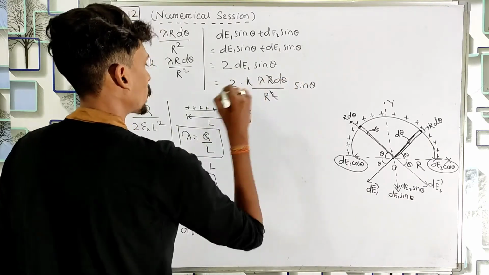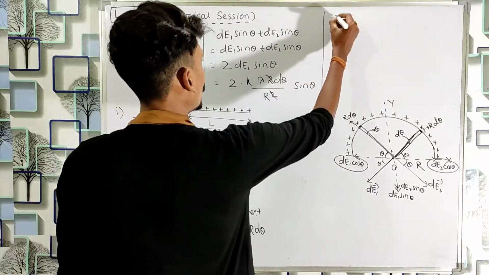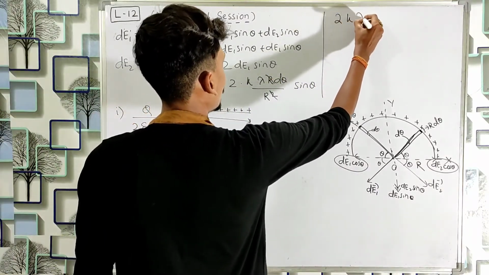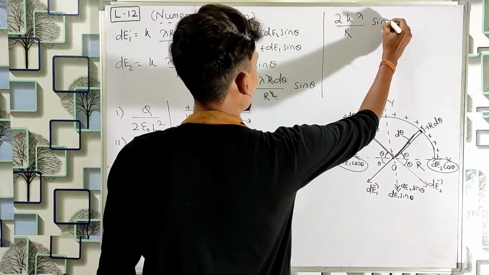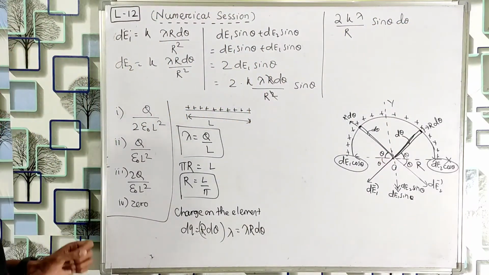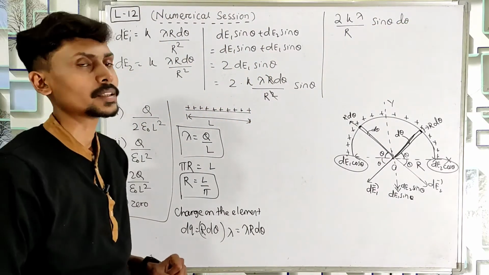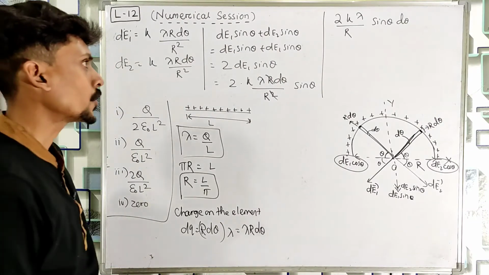So r square will cancel, so you will get how much? 2k lambda divided by r into sin theta d theta. And now we have to find the total electric field.